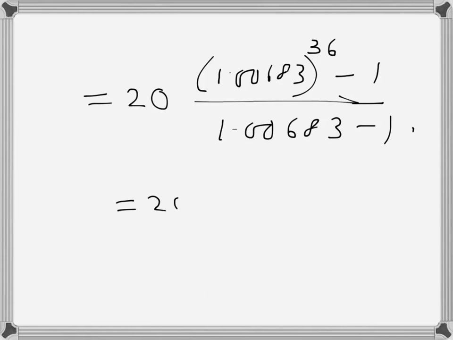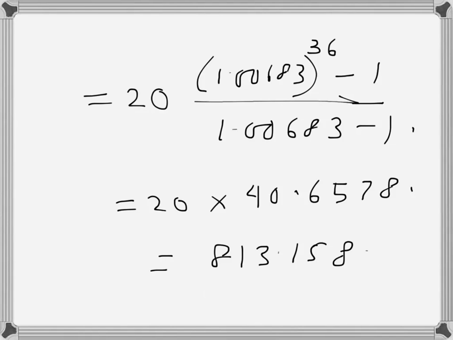So this is 20 times 40.6578, and the total amount becomes $813.158 approximately. So that is the total amount after 3 years.